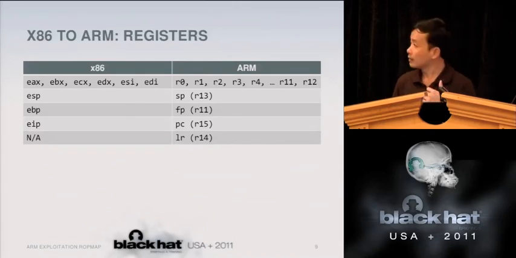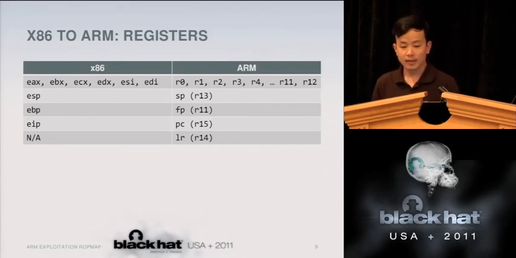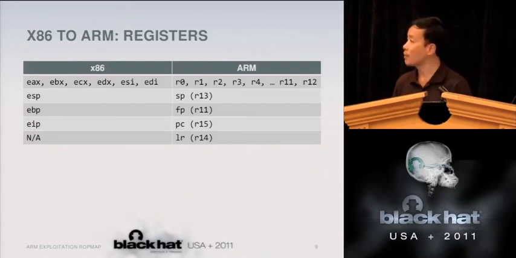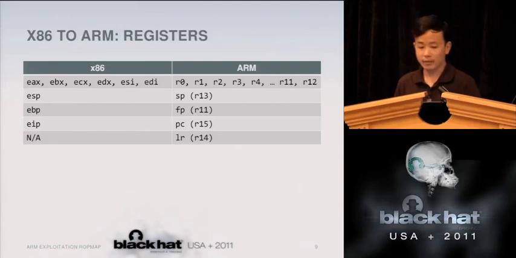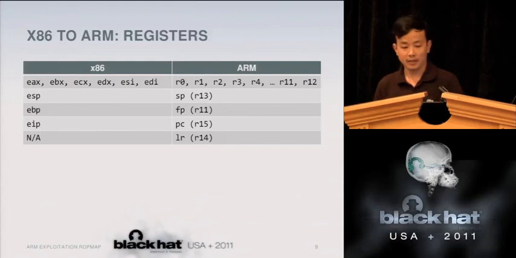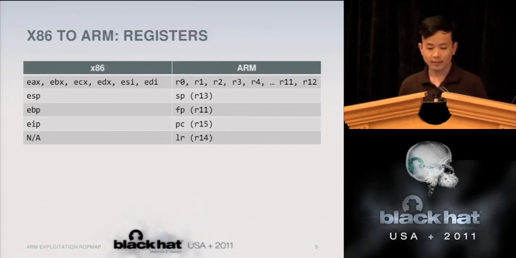For the frame pointer EBP, the equivalent in ARM is FP. And there is another register that is not available in x86, the link register, which contains the return address after calling a function.